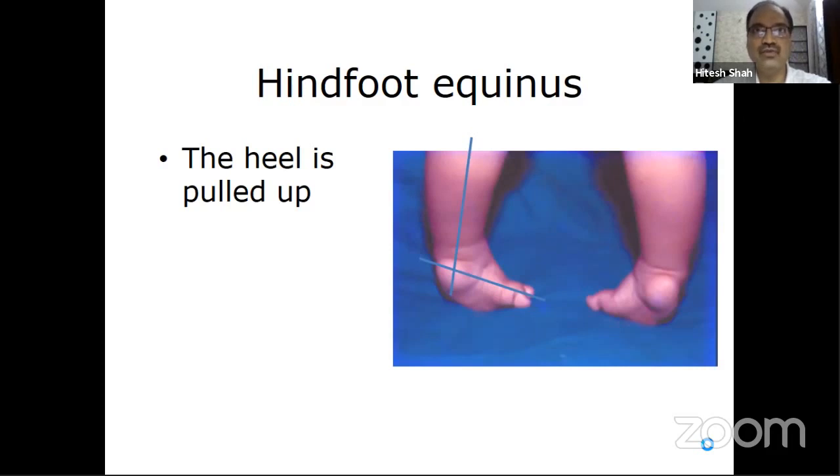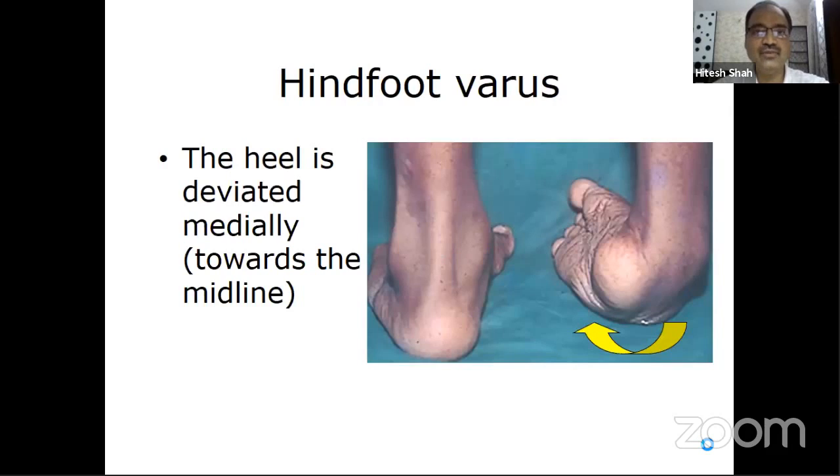Normally, in a plantigrade foot, there will be a 90-degree angle between the tibial axis and the foot axis, which would be more in the case of hindfoot equinus. It is better to identify this deformity along with the posterior crease and the empty heel sign. The second deformity is hindfoot varus, where the heel is deviated medially.